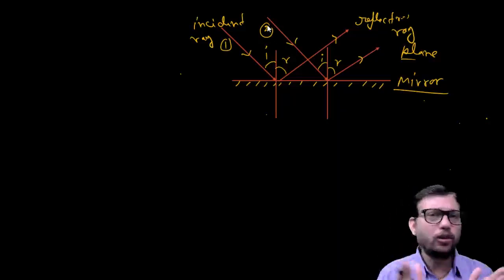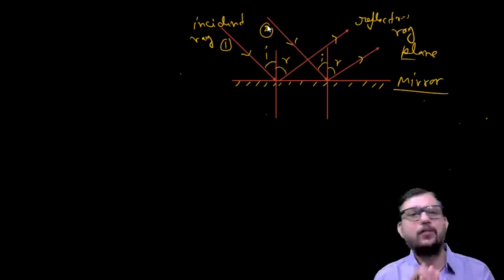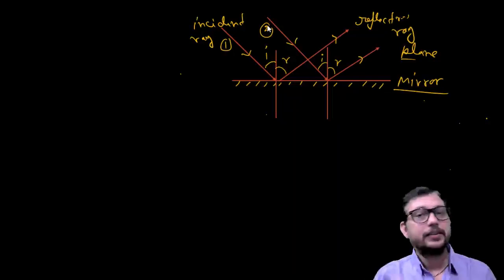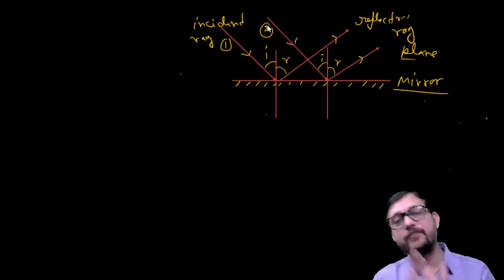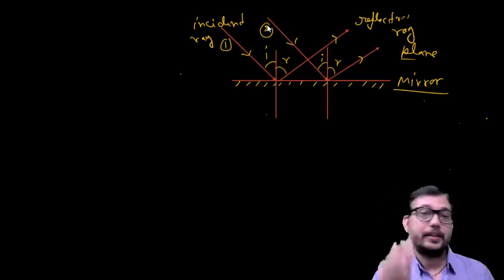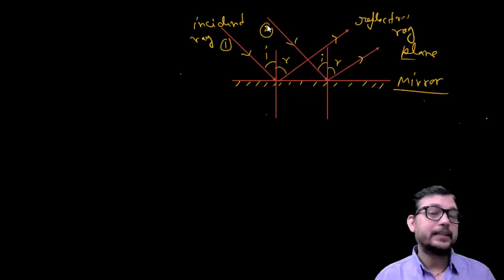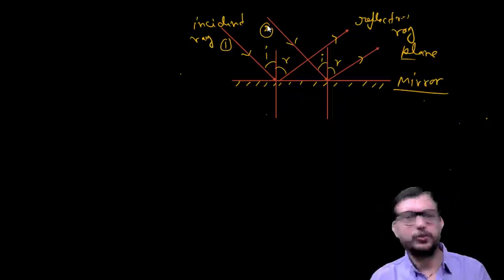All these things we know very well, what reflection is, and I hope it is clear now. Now the same phenomenon we have to derive, we have to prove by using the Huygens principle. So what basic logic should we use?